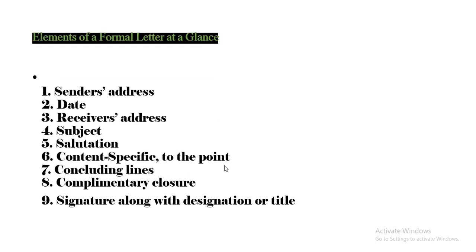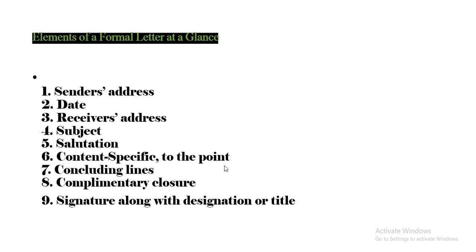Elements of a formal letter at a glance. We are at the very end of our lecture or class today. I am recapitulating for you a brief idea at a glance.